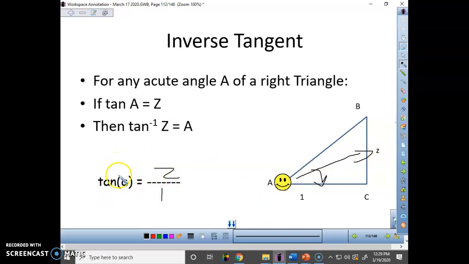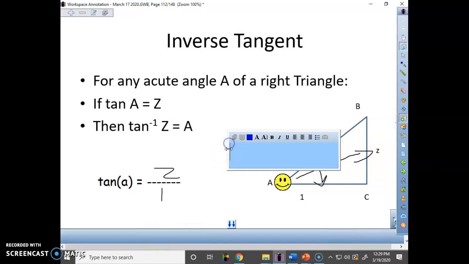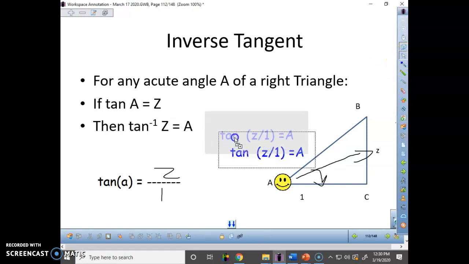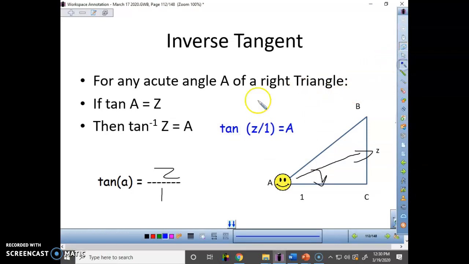But now you can turn this using inverse tangent. It's going to look like tan inverse of Z divided by 1 is equal to angle A. And this, when you put it in the calculator, will have a little -1 right there.